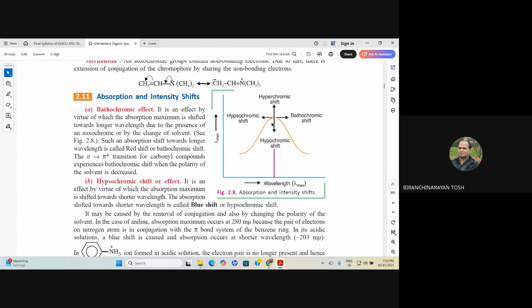When the wavelength increases, that is known as the bathochromic shift, or red shift. When it shifts towards the lower wavelength, that is hypsochromic shift or blue shift. If epsilon max increases, it is hyperchromic. If it decreases, it is hypochromic. So four types of absorption shift will be there.